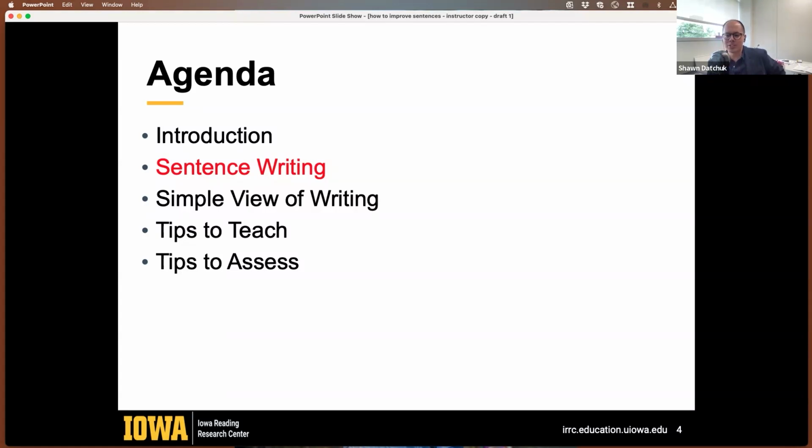Before I was a faculty member, I was also an elementary educator, a K-12 special educator, and a director of special education. One of the reasons why I have focused on sentence writing is, to be blunt, I really struggled to teach writing.